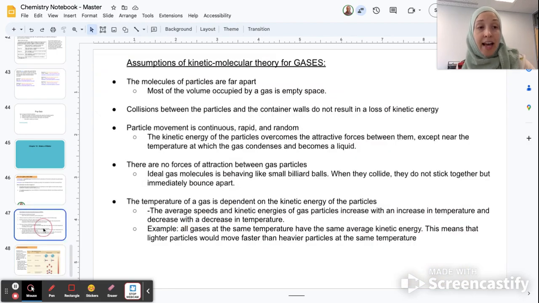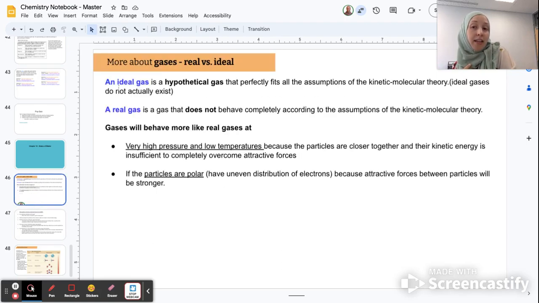So for gases, we can assume for the most part that the molecules are far enough apart that those attractions don't really play a role. They're going to play a huge role in liquids. But in gases, when we make most calculations for an ideal gas, we assume there's enough movement and enough space to overcome those attractions.